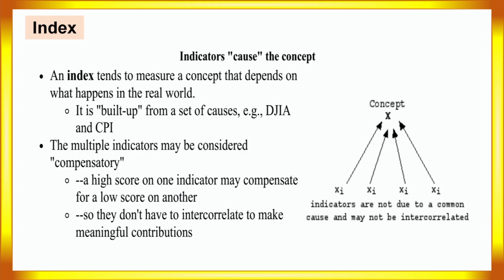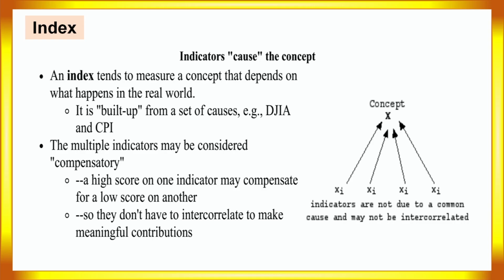The first thing is that an index tends to measure a concept that depends on what is happening in the real world. For example, you already know the consumer price index or CPI. I was talking about the nature of the items. If it is an index, the items look like a cause of that particular concept, and these causes need not be intercorrelated.